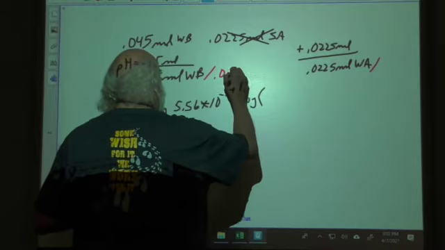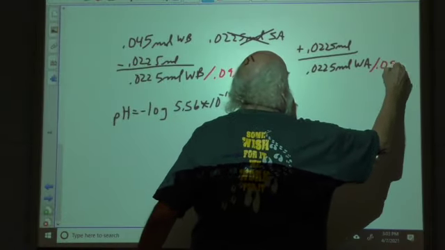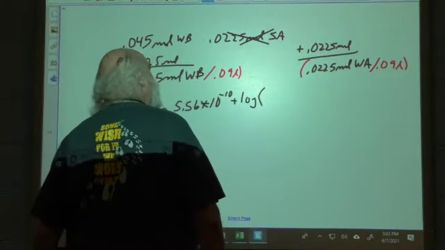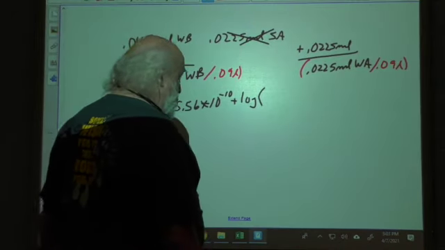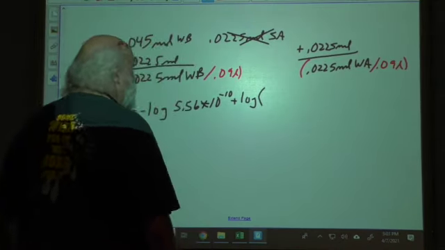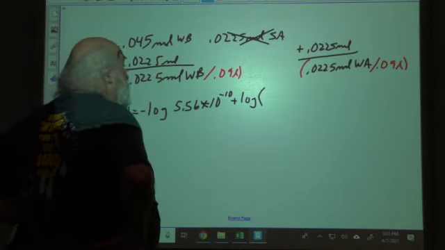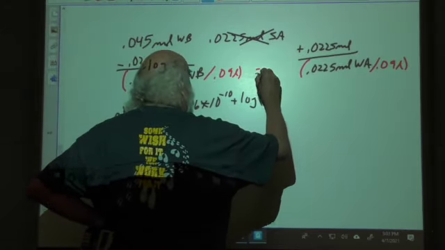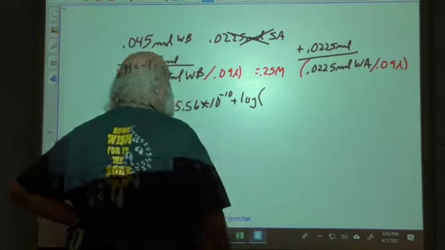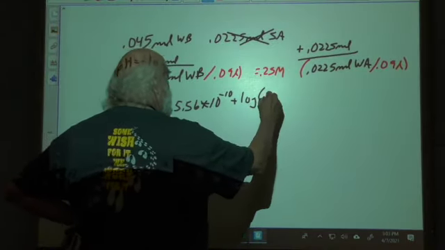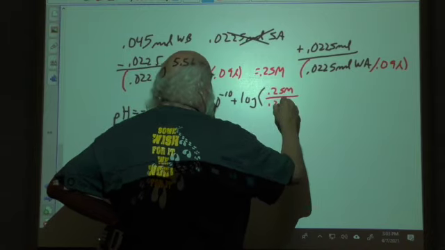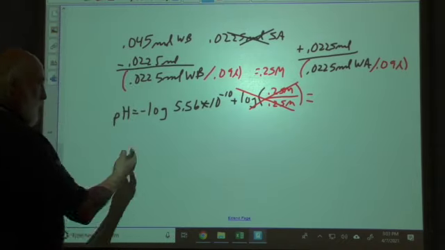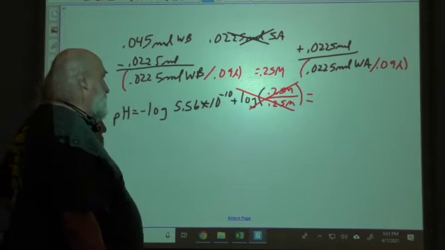So divide by 0.09 liters here, divide by 0.09 liters here, and you get, oh my goodness, 0.25. Yeah, 0.25 for each. So we get 0.25 moles per liter for each. All right, so we'll put 0.25 moles per liter here, 0.25 moles per liter here. And we know we don't even have to calculate that at all because it cancels out. So we just take the negative log of 5.56 times 10 to the negative 10.